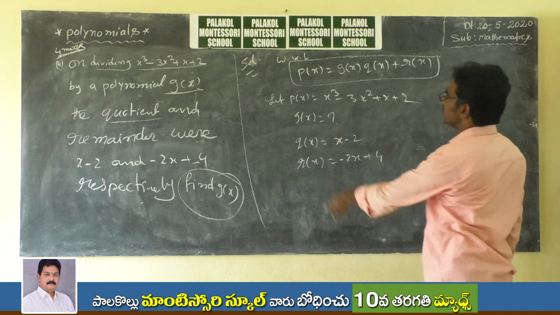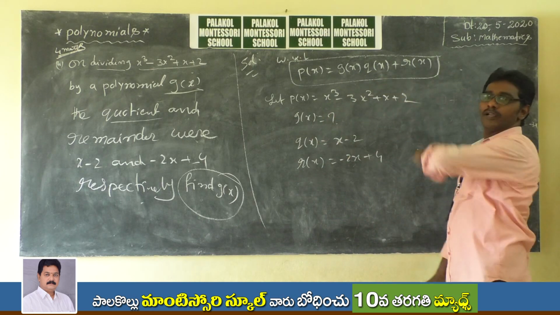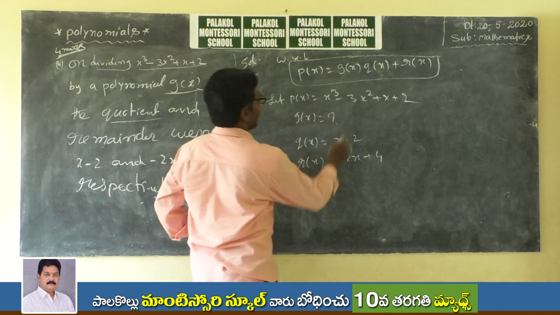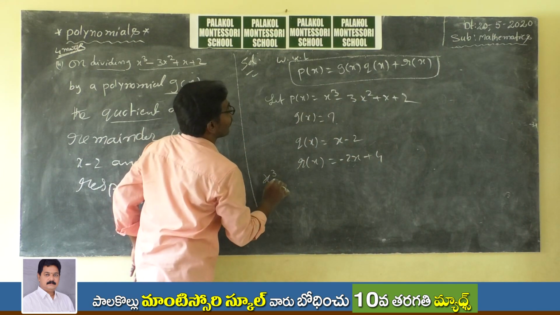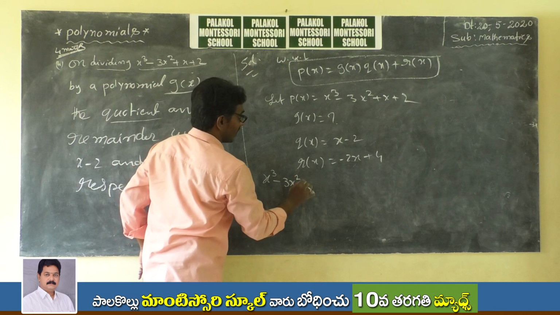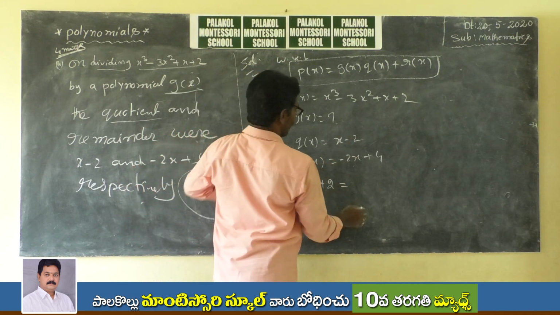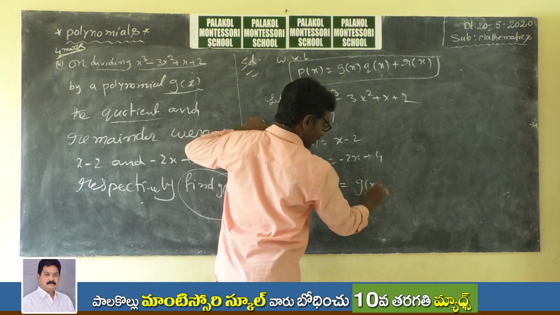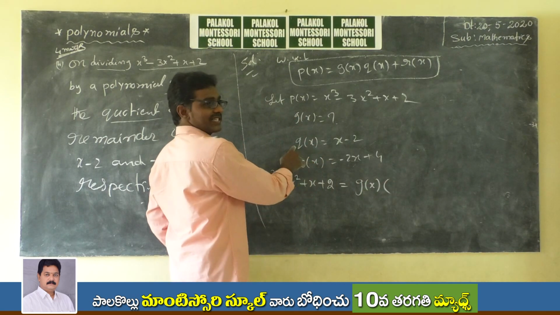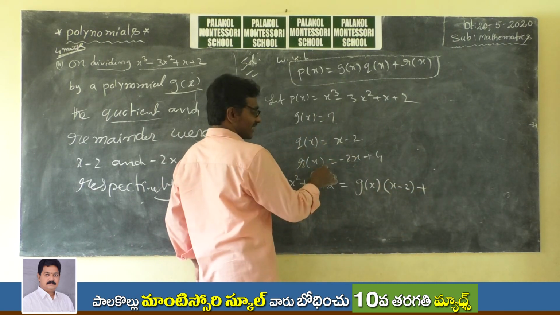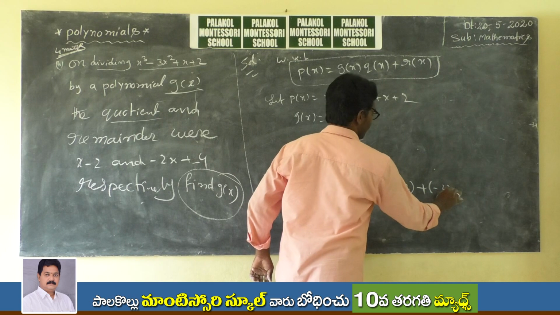These values are substituted in this division algorithm. So I write x cube minus 3x square plus x plus 2 equal to g of x, which is not given, that you have to find, into q of x, that means x minus 2, plus r of x, minus 2x plus 4.